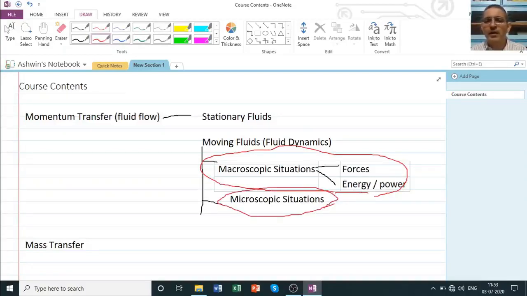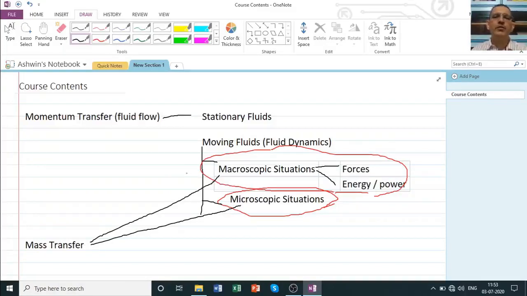Okay. And as you go along, we will see all these. And even when we start talking about mass transfer, we will talk about mass transfer from two angles: macroscopic angle and a microscopic angle. Okay. So this is what we are going to do.